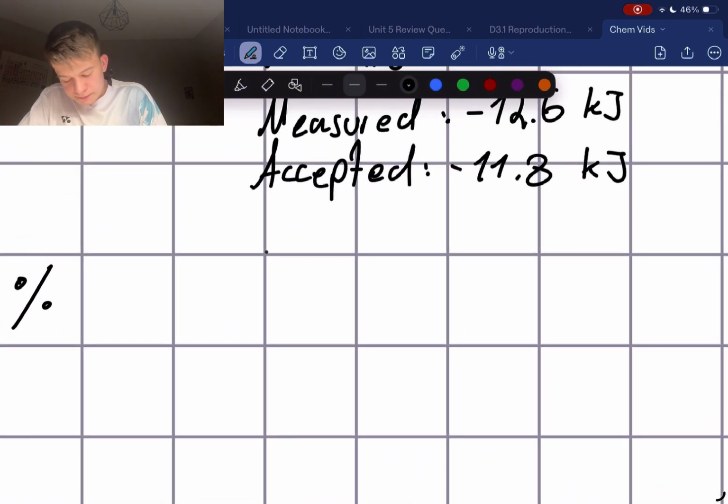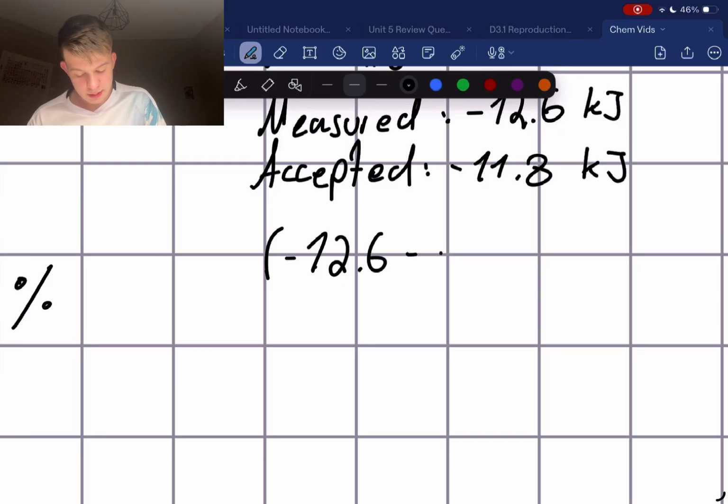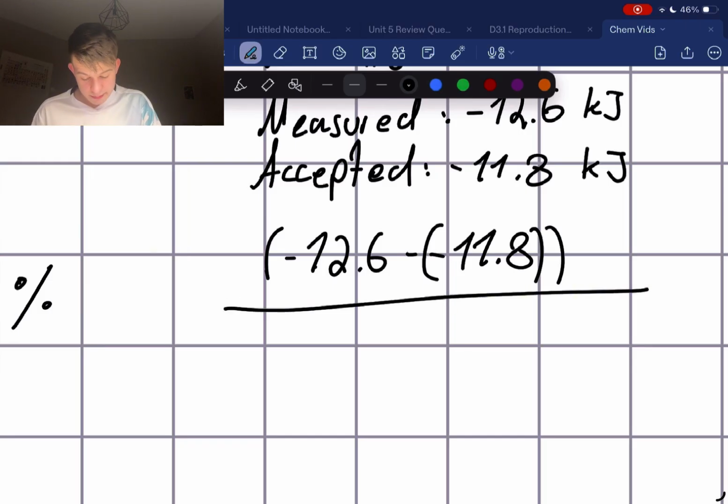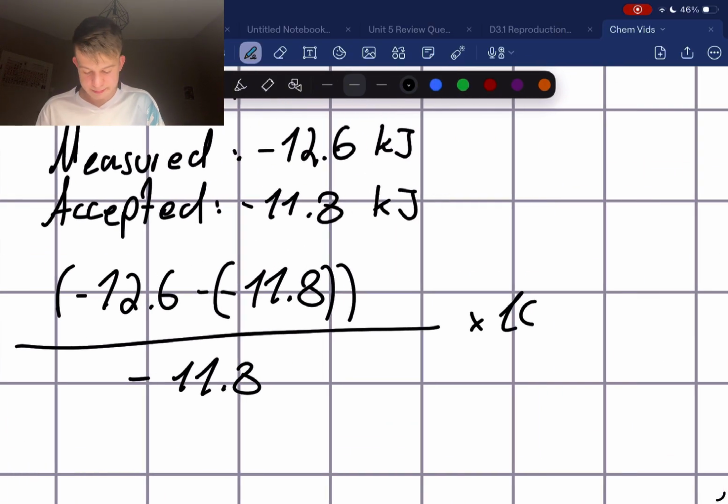So we do negative 12.6 minus negative 11.8, divided by negative 11.8, and we multiply it by 100.